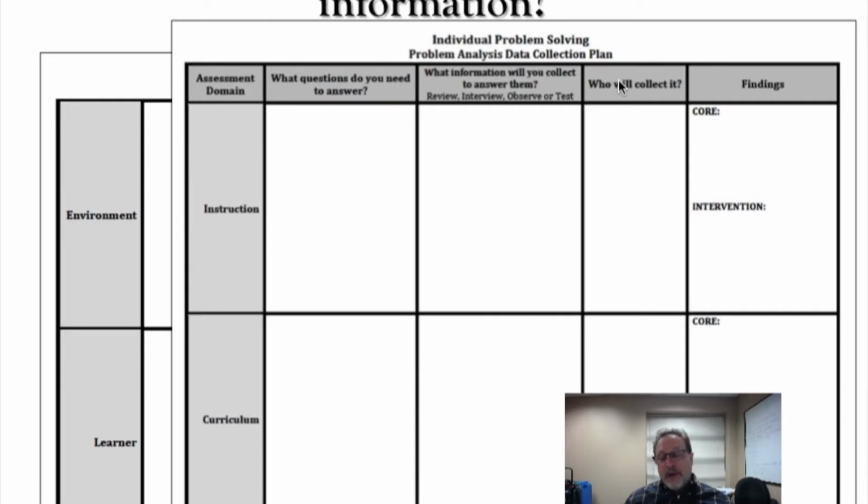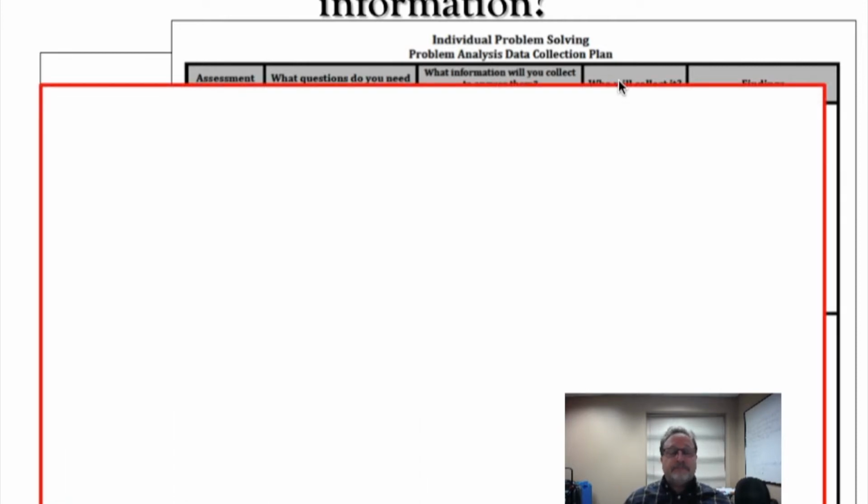We also provide, and you have access to, another form that helps structure your data collection so that you get really specific about what you need to collect, who will collect it, and what those findings are. So again, it's so important to have a good plan that's structured so that we can make sure we really implement the plan.